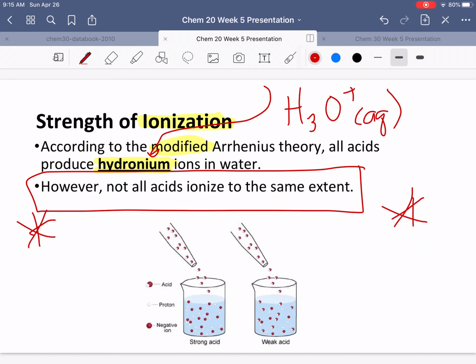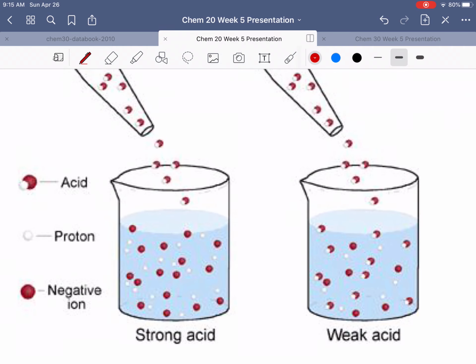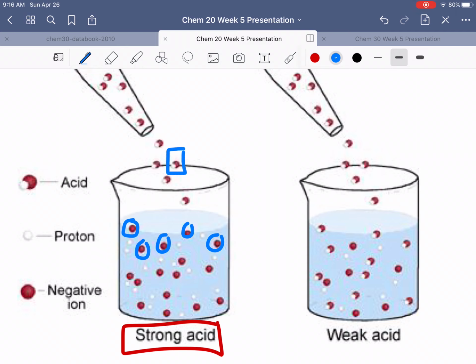This is huge. Now, the diagram that I have in front of you here, and I'll kind of blow it up here so you can see it a little bit better, is trying to show this. When you've got a strong acid, you'll see that we end up with the negative ions being totally separate by themselves, right? So here it is originally with the acid going in, and now we have a complete ionization in the strong acid.